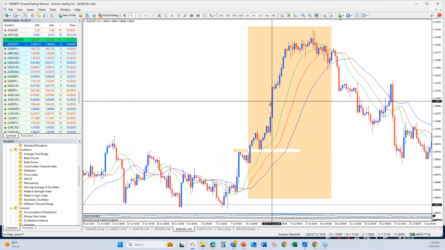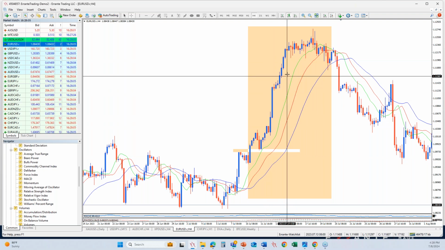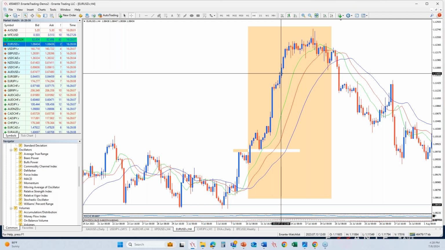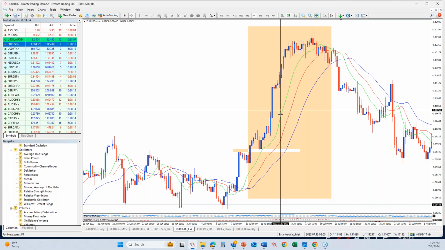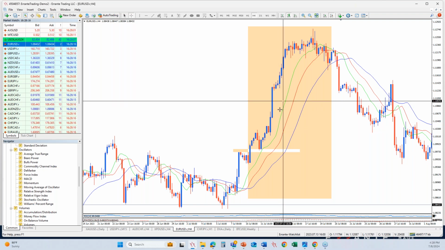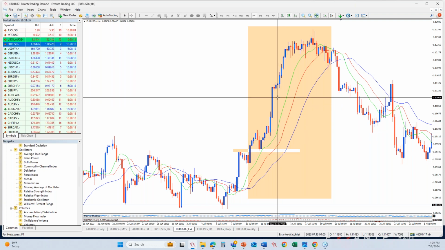When you see these very sharp upward movements and the price is at its longest distance from the system, from the alligator lines, it's better to be more cautious about entering the market.